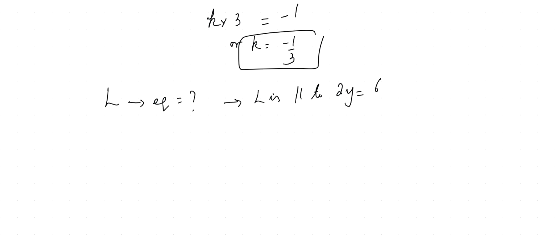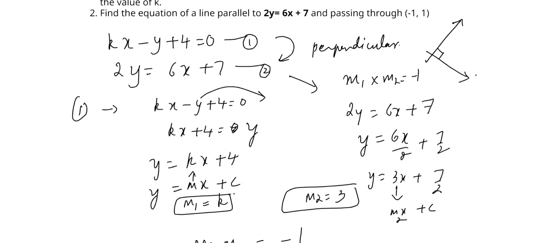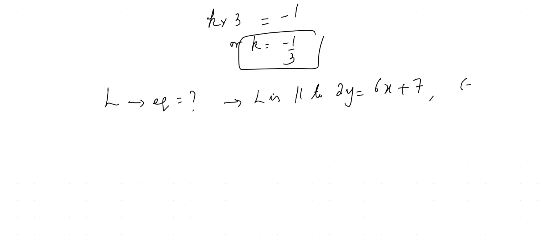And this line L is passing through the point -1, 1. You can visualize this. This line L is passing through -1, 1, and it is parallel to one line given to us, which is 2y is equal to 6x plus 7.